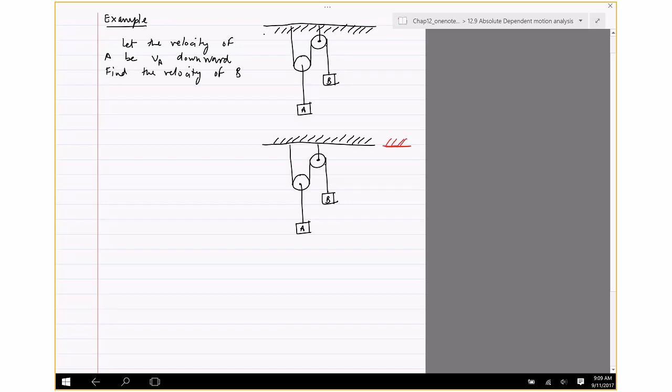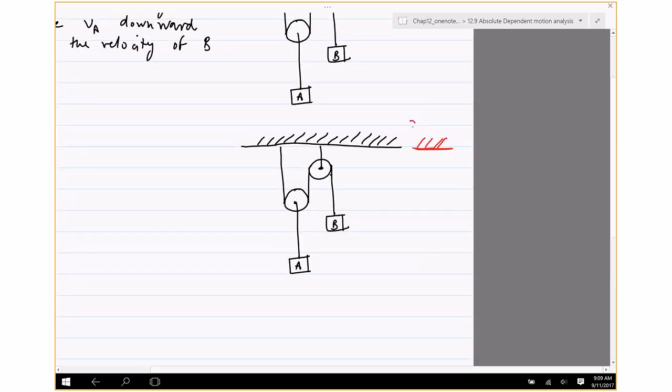So this is my origin. Then draw distances to points of interest. In this case, I'm interested in the motion of A and the motion of B. So let's say this is YB, this is YA.